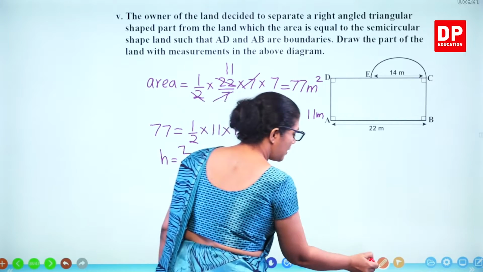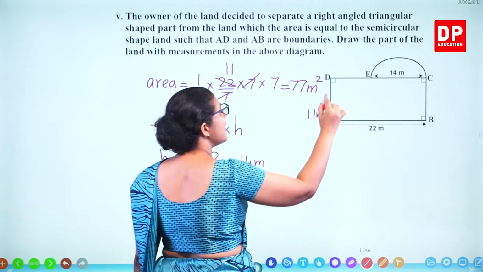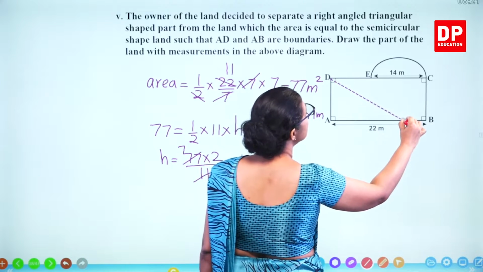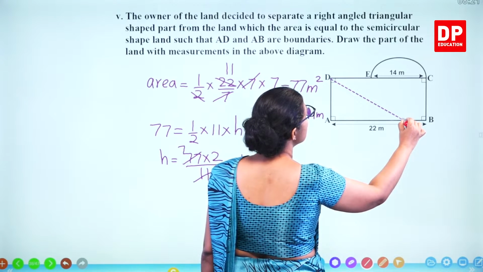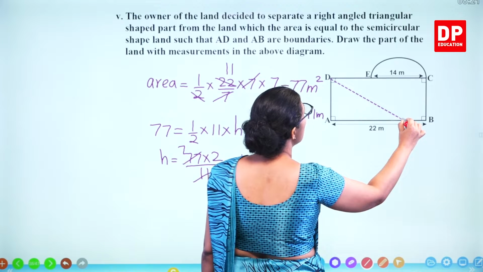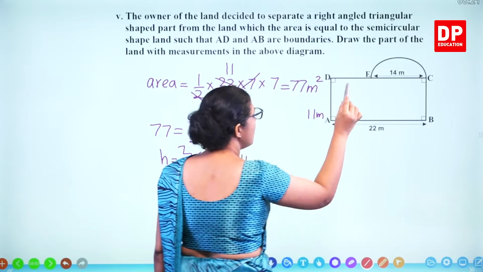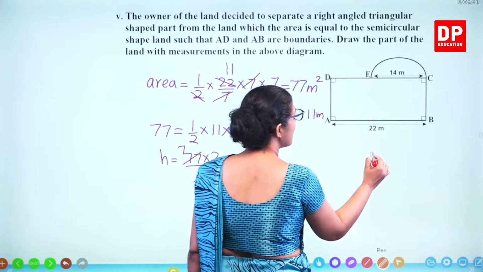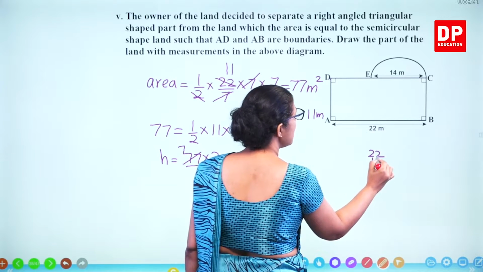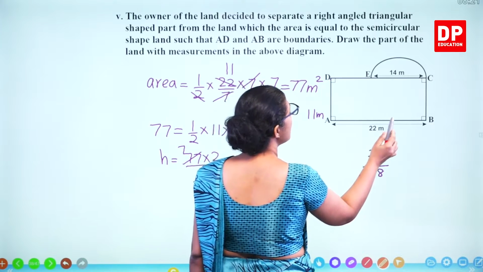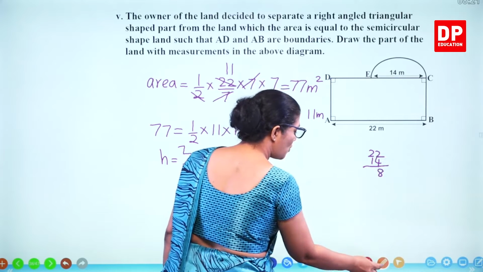Then that means if this full length is there, we can take 14. So 22 minus 14, what's the value? Before we draw, we need to calculate a value. 22 minus 14, 8. So here this part is 8, that means more than that.